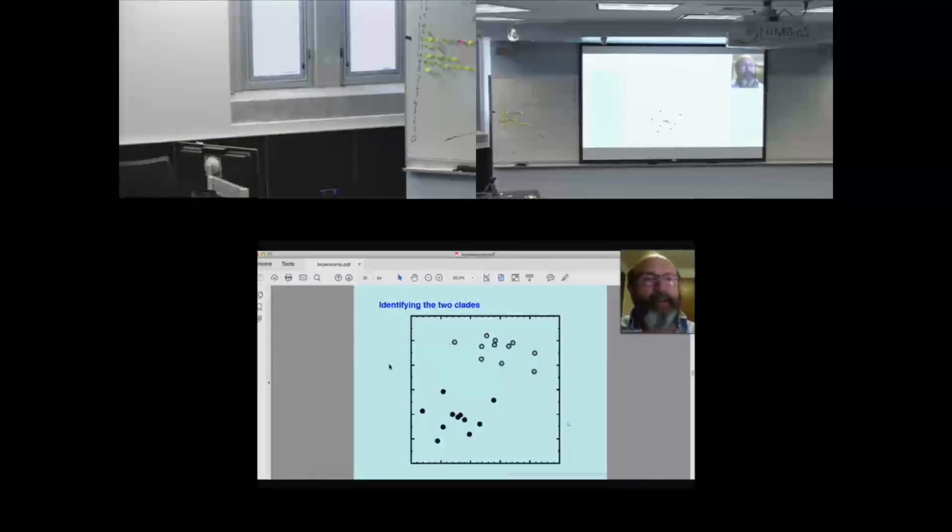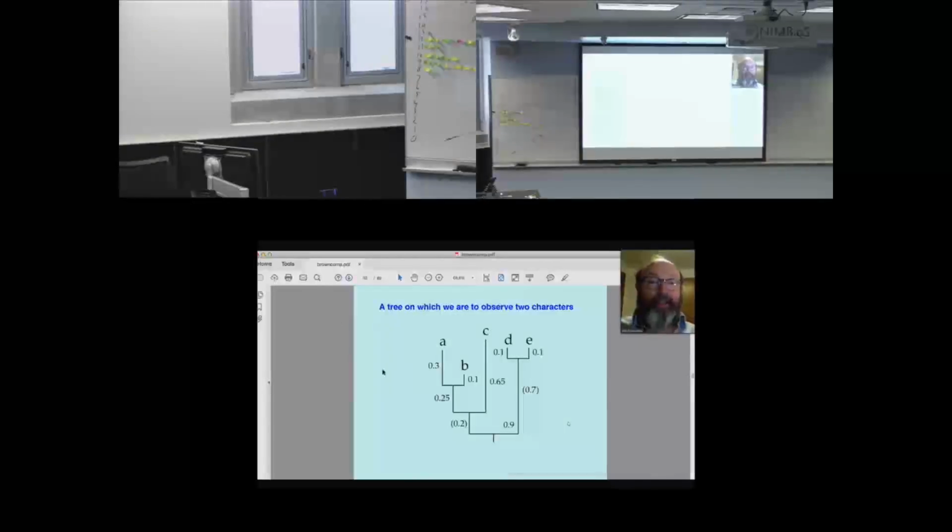And how do we think clearly about this, and how do we make inferences about the covariation of the change of the characters in cases like this? Well, here we have a tree.